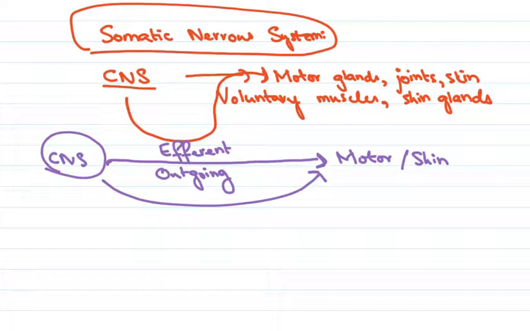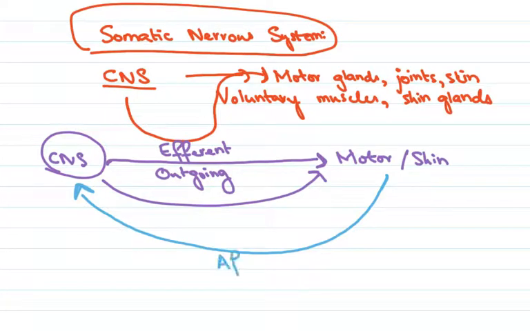Then the next route that you have is the direct opposite, in which you have signals going in from motor glands or skin glands to the central nervous system. And these nerve fibers are called afferent, with an A. So this is basically what the somatic nervous system looks like.